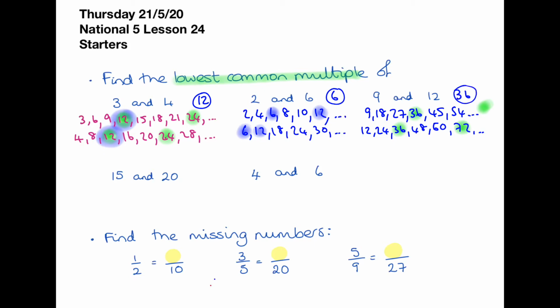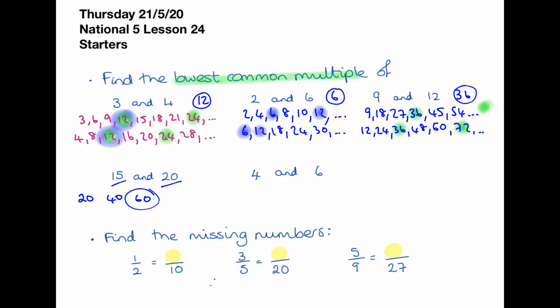Then we've got 15 and 20. A good way of doing it is to start with the bigger number and go up that times table until you find a number that is in the smaller one's times table. So start with the big one, 20. 15 doesn't go into 20. 40, 15 doesn't go into 40. 60, yes, 15 does go into 60, so that one is the lowest common multiple.